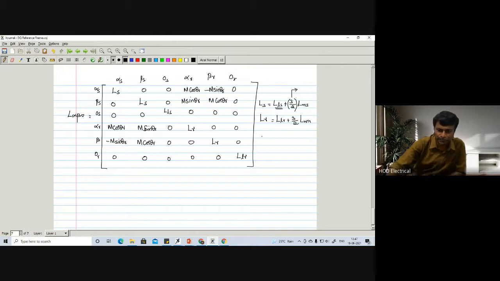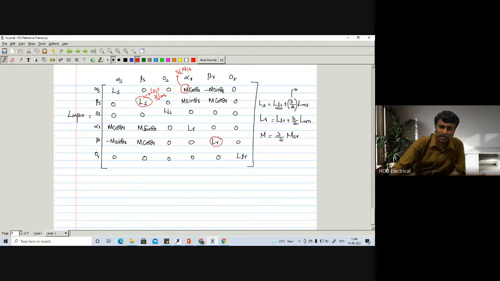Then similarly we can write M, which is the mutual inductance, as minus 3 by 2 for the mutual inductance between stator and rotor, so that we can substitute for M as 3 by 2 Msr, and you can substitute Ls as Lls plus 3 by 2 Lms.